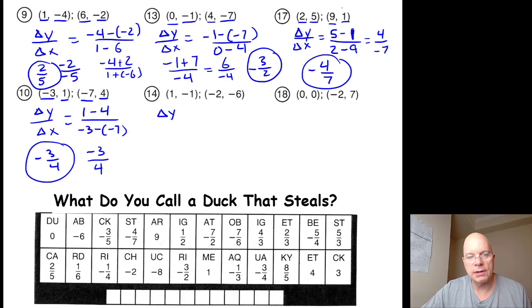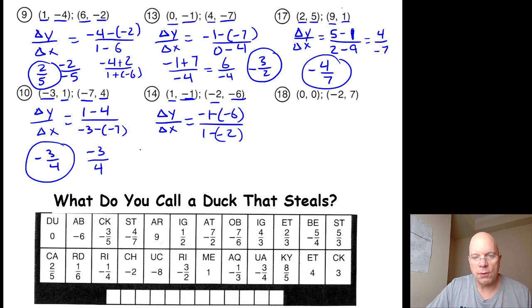14, delta y over delta x. Negative 1 minus negative 6 over 1 minus negative 2. Negative 1 minus negative 6 is the same as negative 1 plus positive 6. And 1 minus negative 2 is the same as 1 plus positive 2.